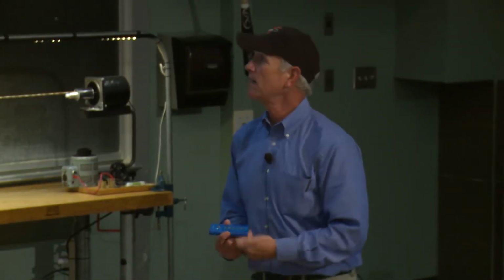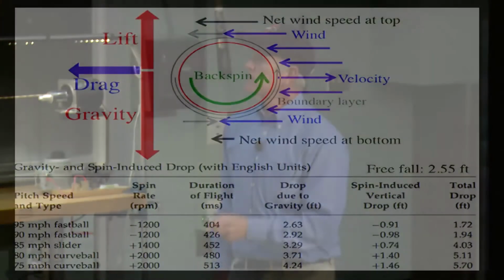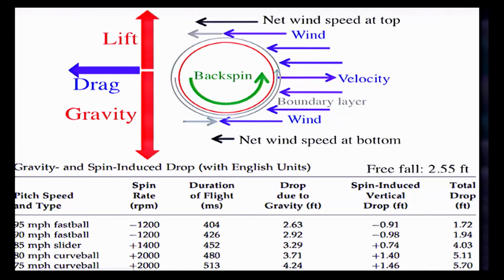Okay, so here's this picture again, but I wanted you to note that different kinds of pitches have different initial speeds, different spin axes. The curveballs are not around the same horizontal axis, and the slider and so on. As for fastballs, the one I demonstrated is basically a fastball.